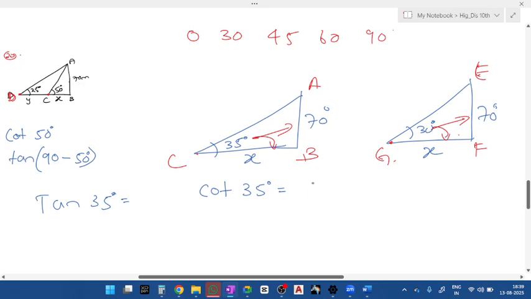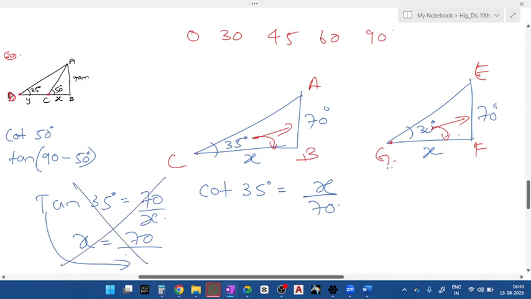Sorry, cot formula? Base by hypotenuse. What is tan? Tan value, students. What is tan? Perpendicular by base. Now, if you use tan, if you want to find x, do we divide or multiply? We divide it. So calculation is tough, students.